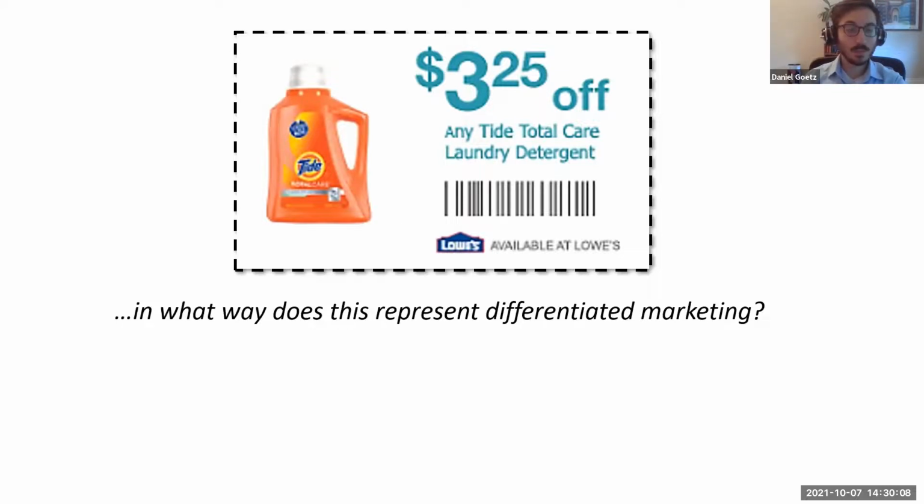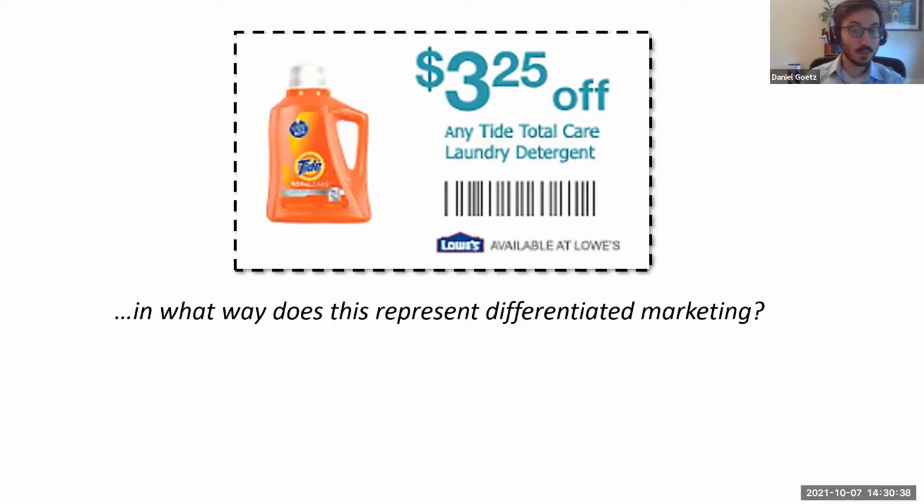I'll ask you guys, what was the last time, or who used a coupon the last time you bought laundry detergent? Who used a coupon like this? So it looks like maybe no one used a coupon, right?